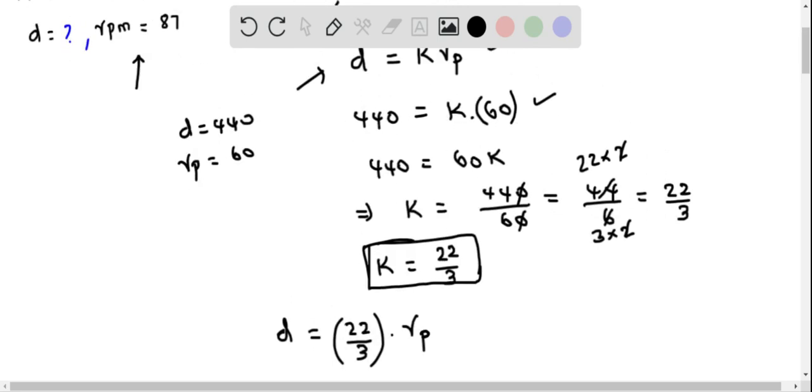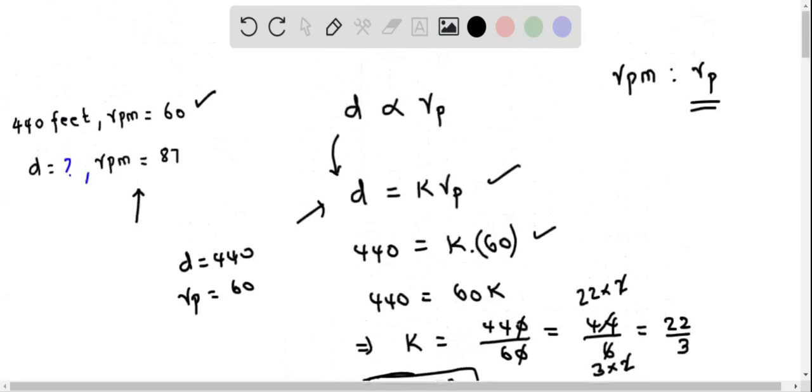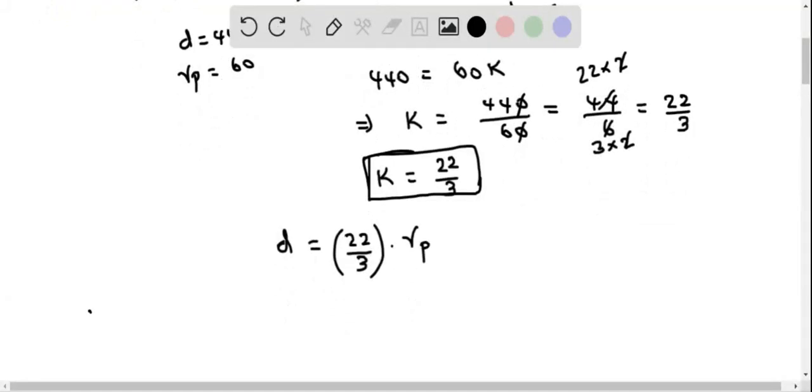Now we have to determine the distance traveled by the bicycle in 1 minute when RPM is 87. So we plug in R sub p, which is RPM, equal to 87 into our distance versus RPM equation, and we can determine the distance. Therefore, d equals 22 over 3 times 87.